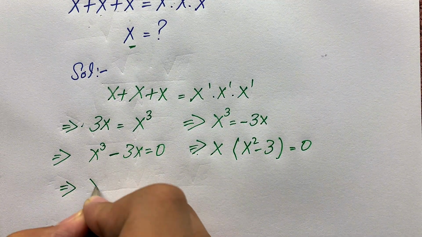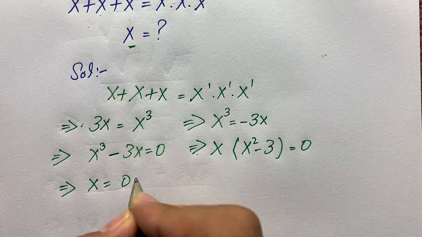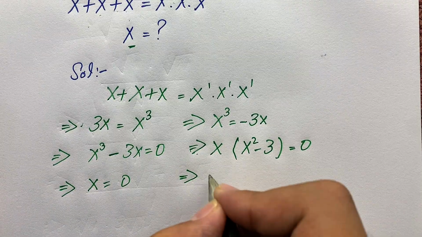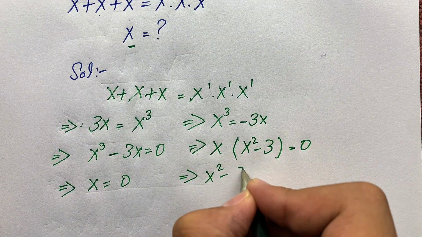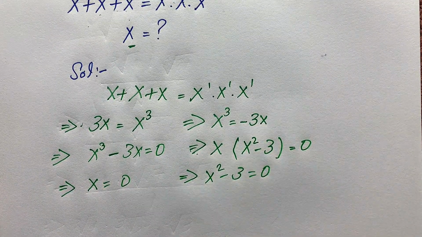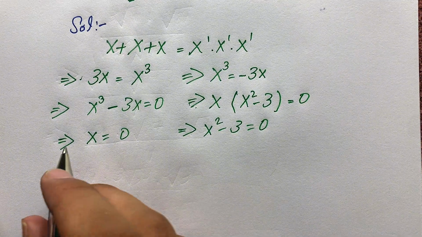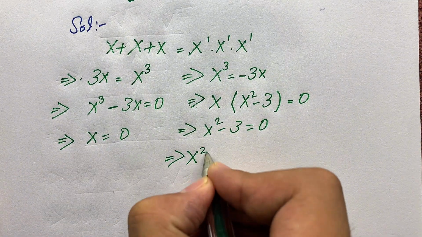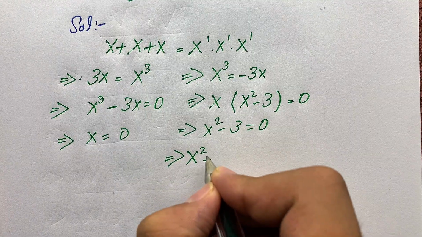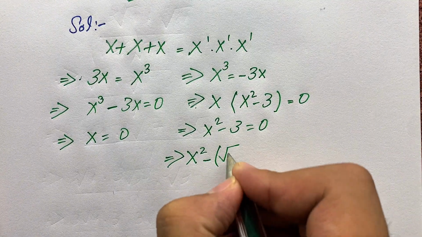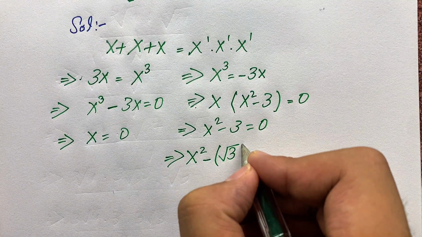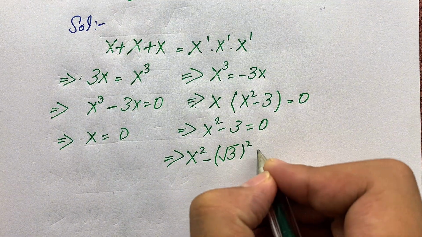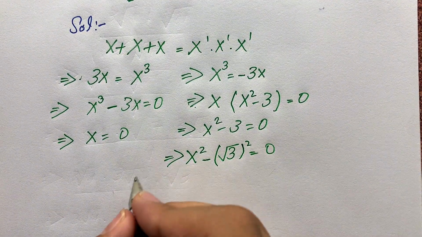Now x is equal to 0, and in this, x square minus 3 is equal to 0. So x square minus square root of 3 into square is equal to 0.